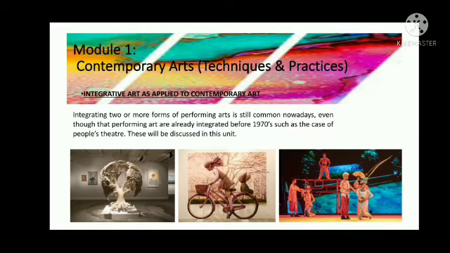Integrating two or more forms of performing arts is still common nowadays, even though performing arts were already integrated before the 1970s, such as in the case of People's Theater. This will be discussed in this unit.